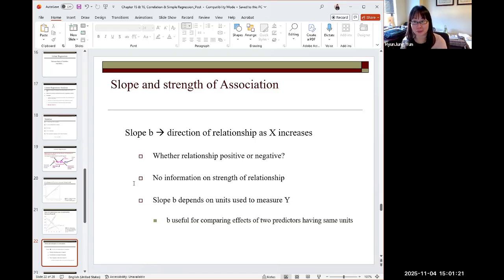So it's more intuitive than making an interpretation with a correlation value. Again, the slope for the regression model depends on the unit of analysis and has nothing to do with the strength of a relationship.